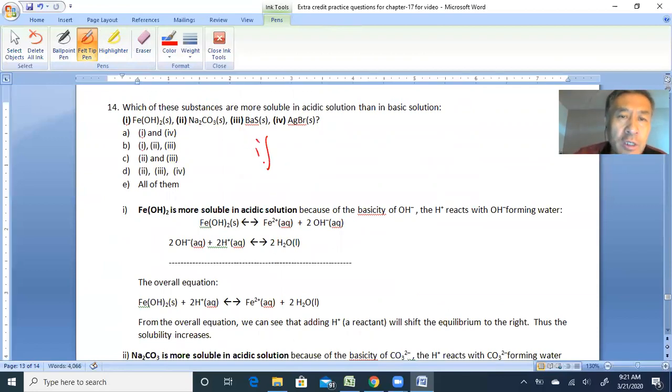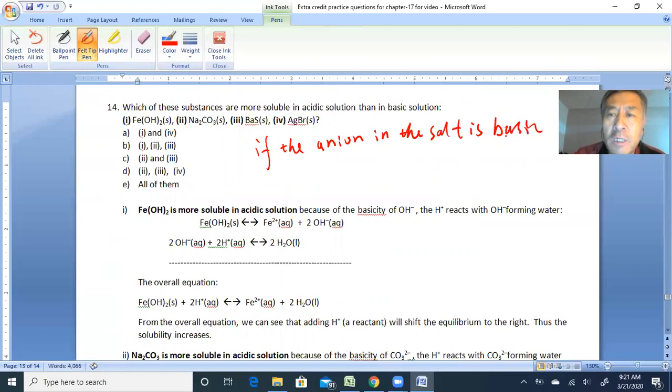If the anion in the salt is basic, then the salt is more soluble in acidic solution.